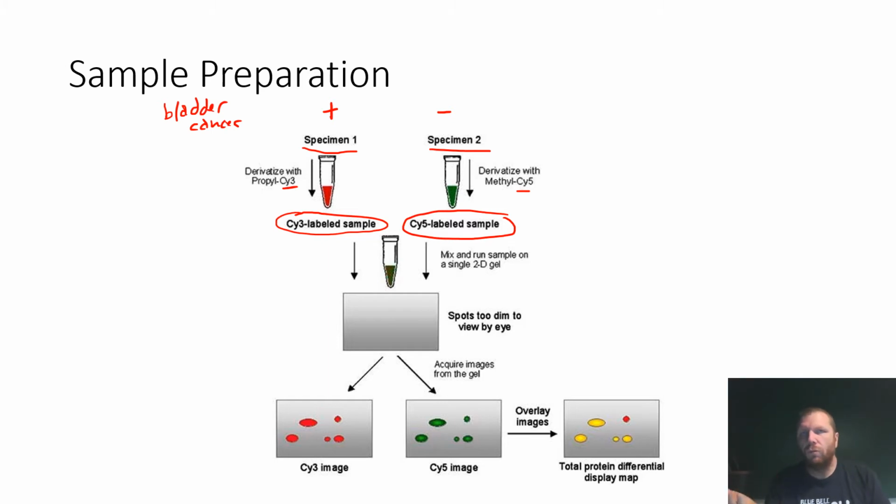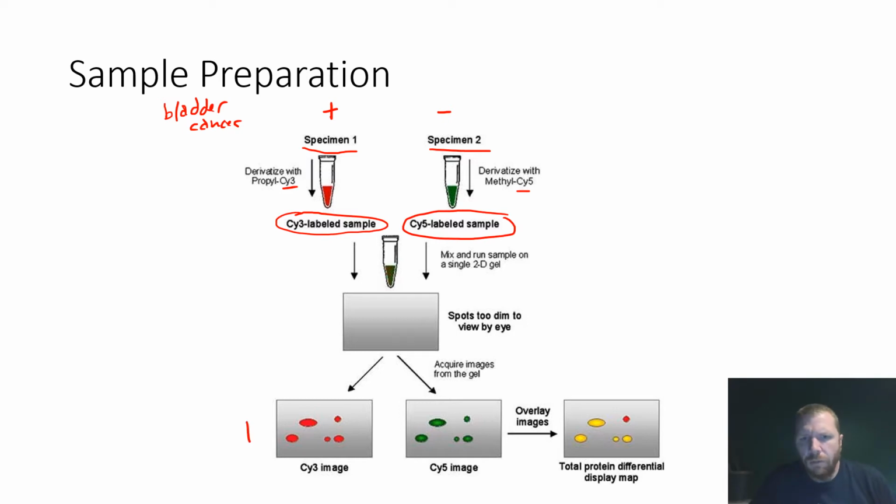Then if you shoot light with a wavelength of 650 nanometers, that will detect the Cy5, but not the Cy3. So turn one wavelength on, you see one image. Turn a different wavelength on, you see a different image. Then you can overlay these two images.